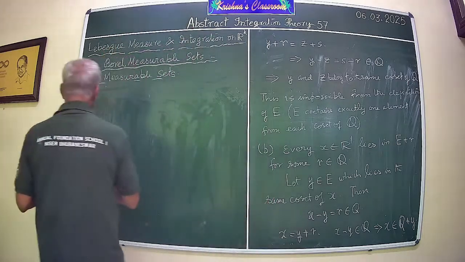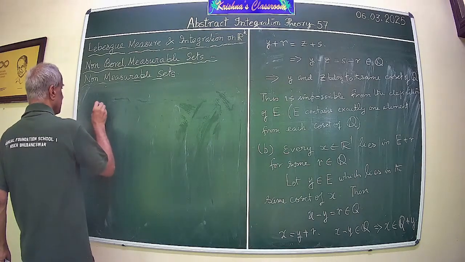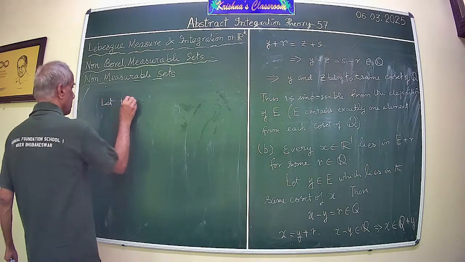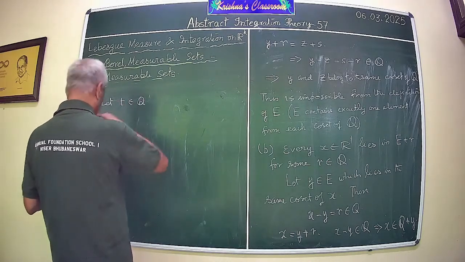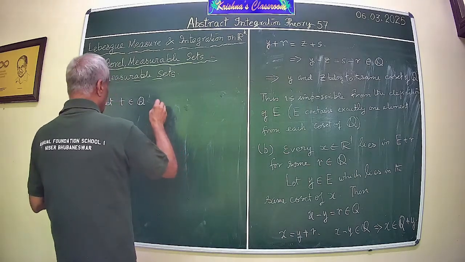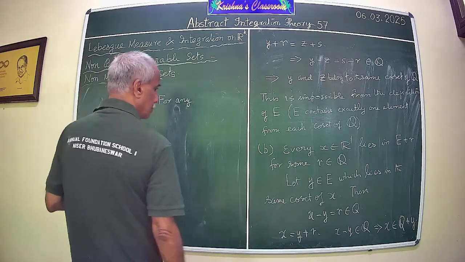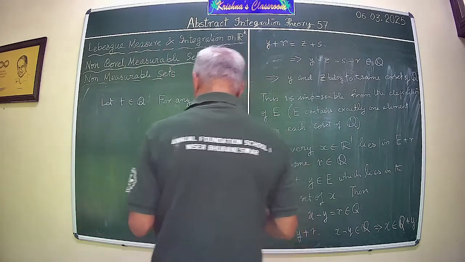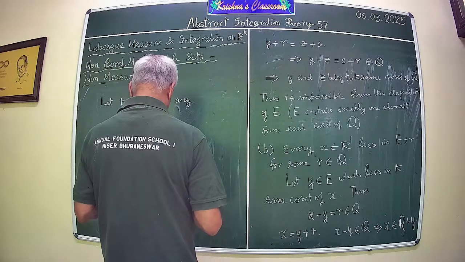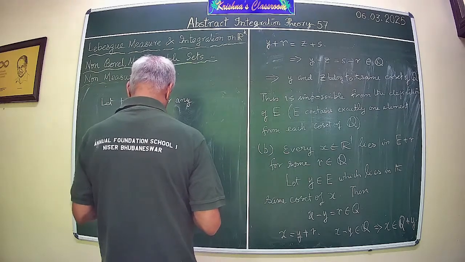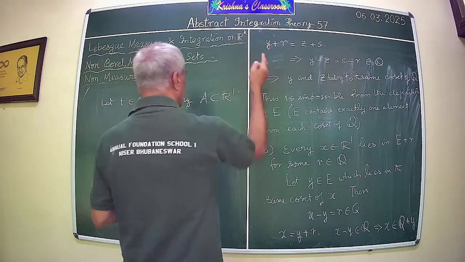Now what you do is, now use these results. Let t belong to Q, a rational. For any A contained in R1, we are now going for that argument.